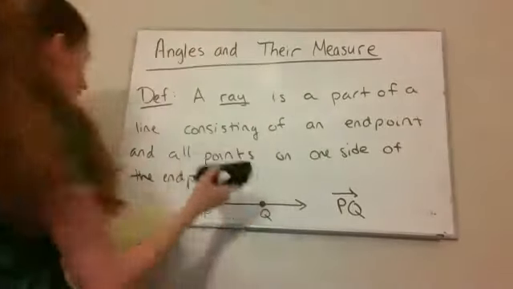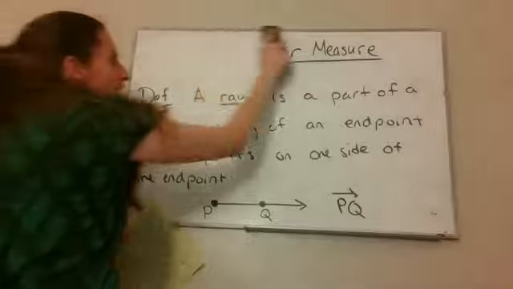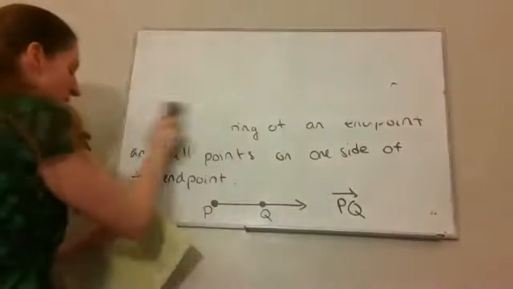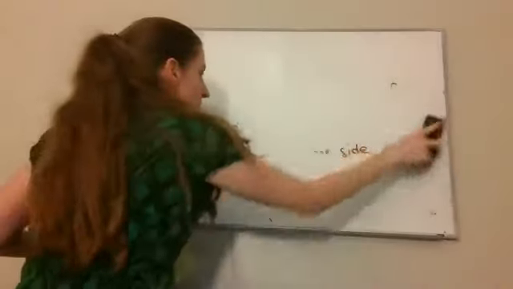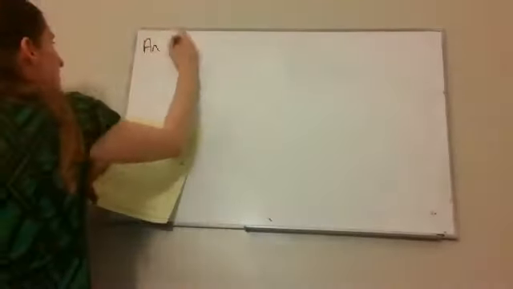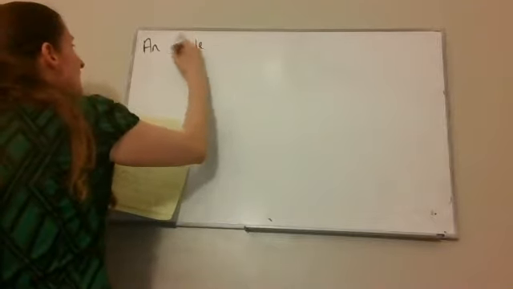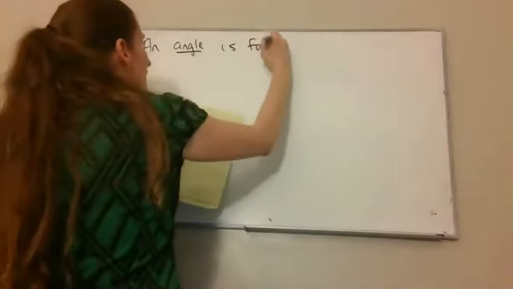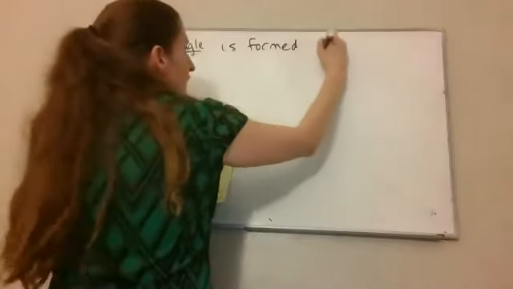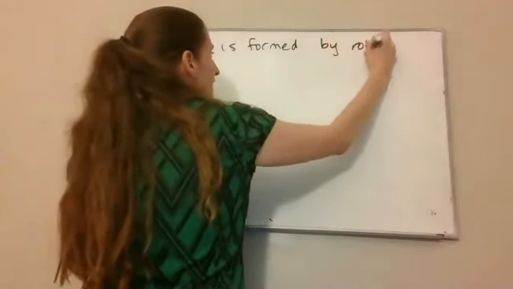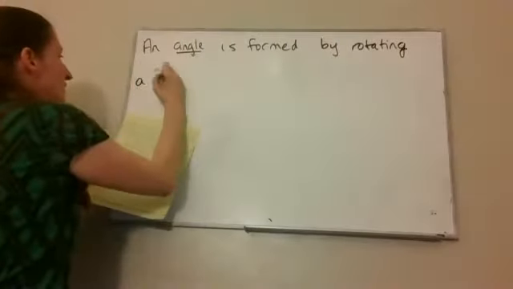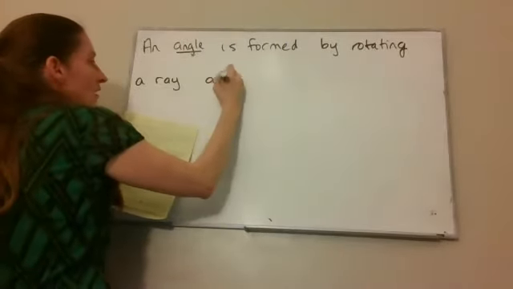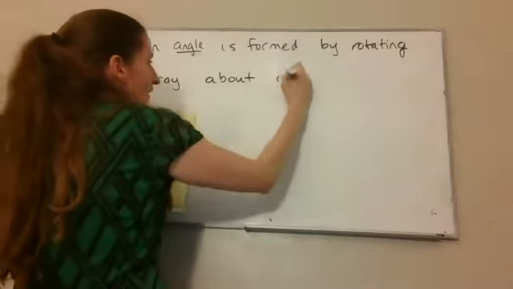Now, an angle is formed by taking our ray and rotating it around its endpoint. So an angle is formed by rotating a ray about its endpoint.